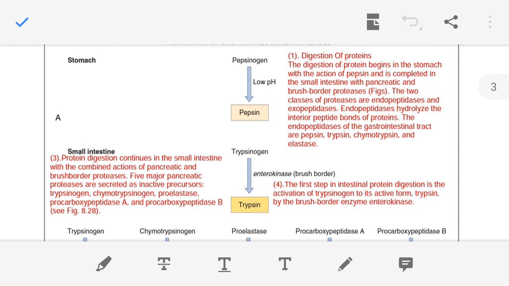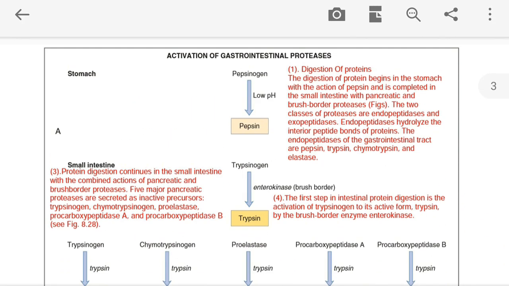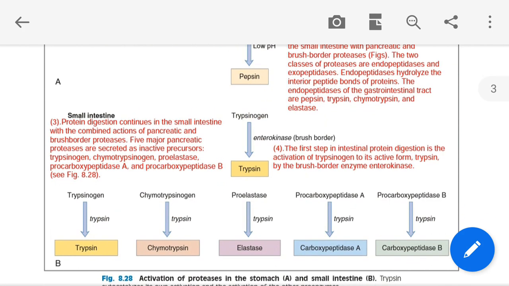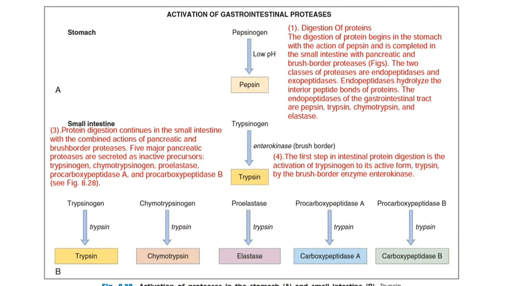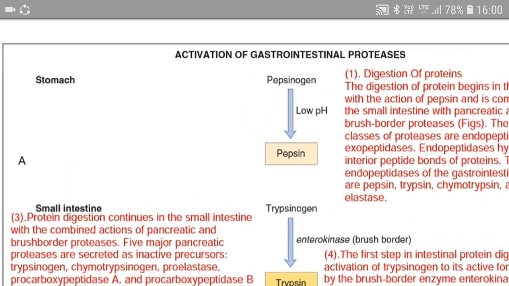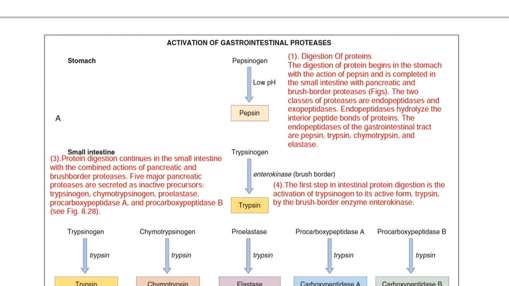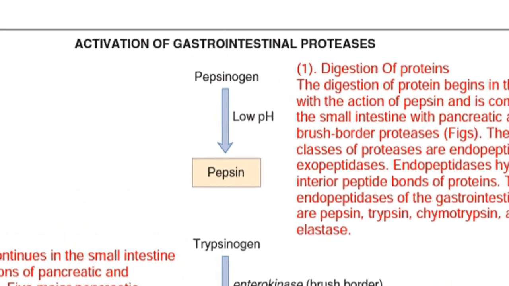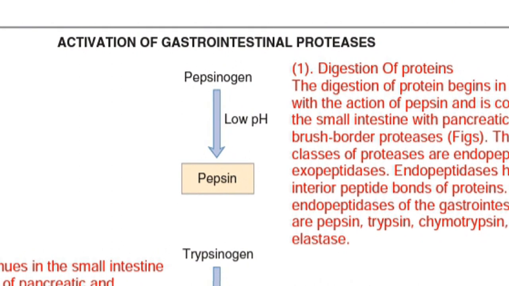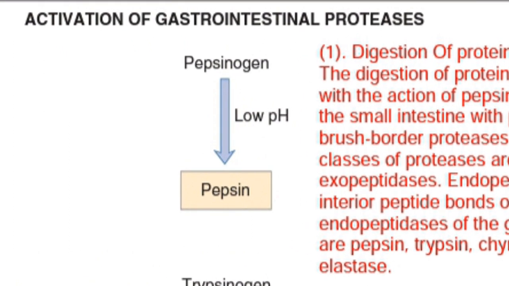Now here I am showing you one figure. This is a very good figure, and here you will get the idea of what is happening in the stomach. So see, in the stomach, due to the acidic pH, or due to the HCl, the pepsinogen which was in inactive form is now converted into active form by the action of HCl.